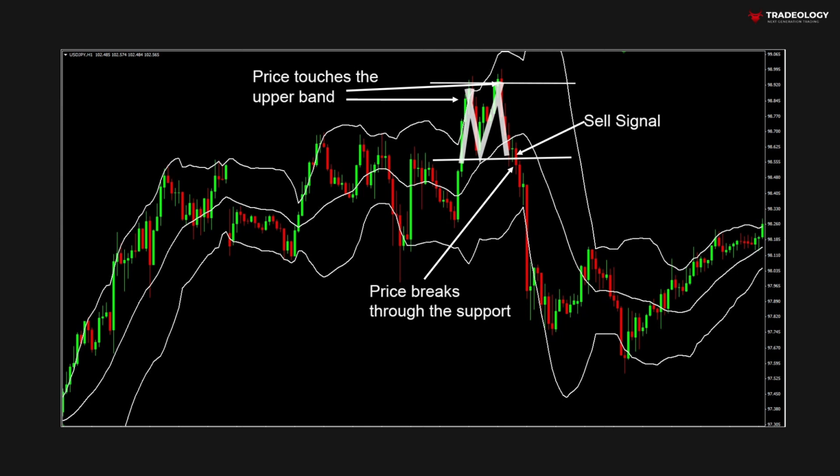You can see this clearly in the image. The M on the image represents this movement, and we can see price touches the upper band, moves back down to the lower band, comes up again, and falls down again to below the middle band through support.